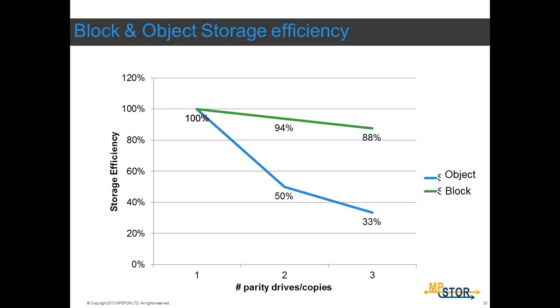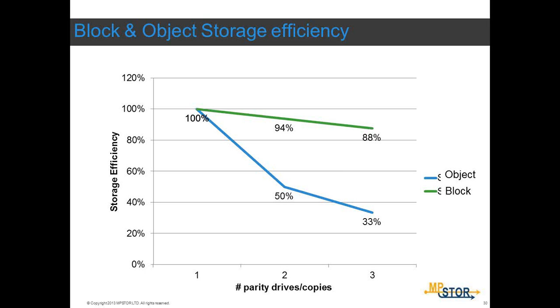Now, what this graph doesn't show here is the impact of losing a storage device or the impact of losing a storage array. The recovery time for object storage is a lot faster than the recovery time for block storage. So there's always a gain or a loss.